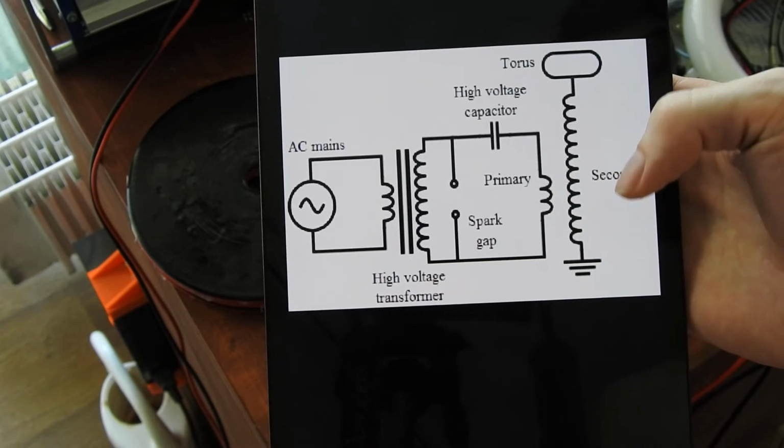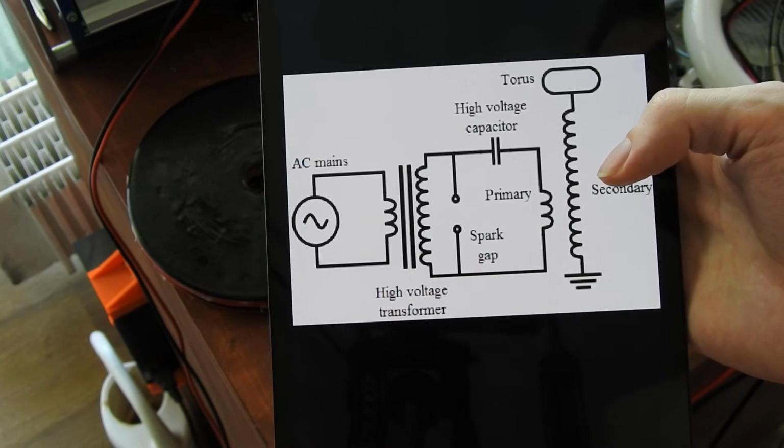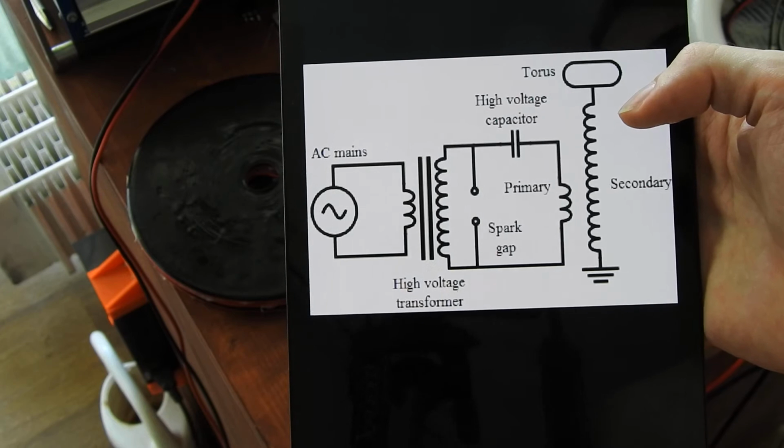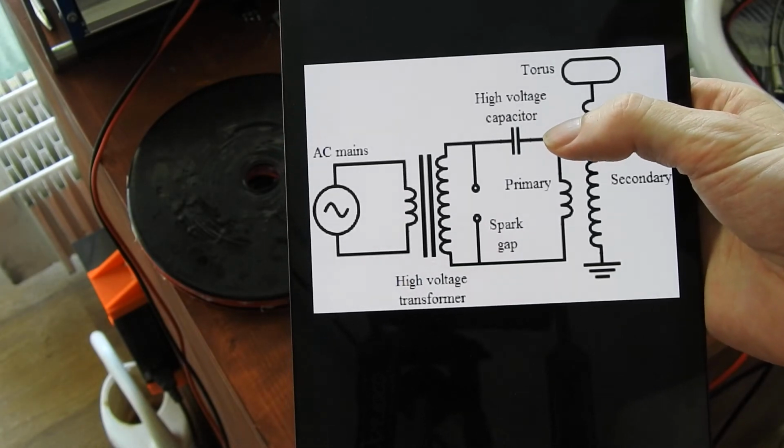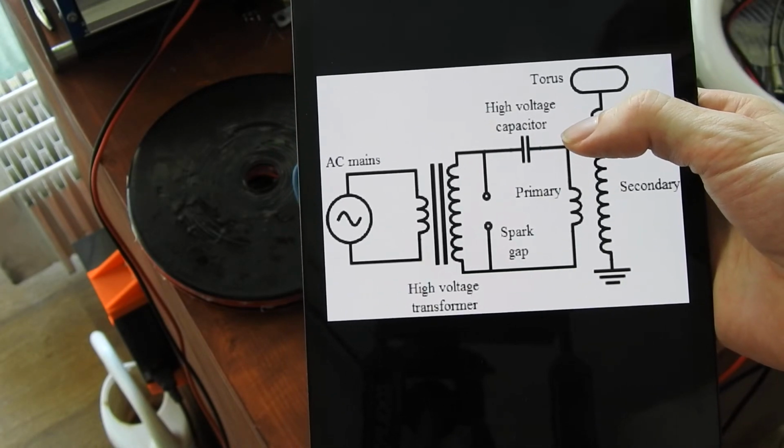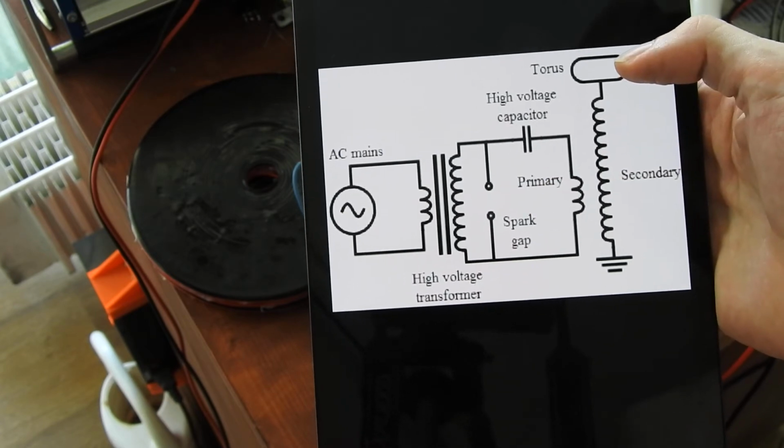As you can see, the principle is always the same. We have a high voltage capacitor that gets charged to a high voltage, and we have a spark gap attached to it.